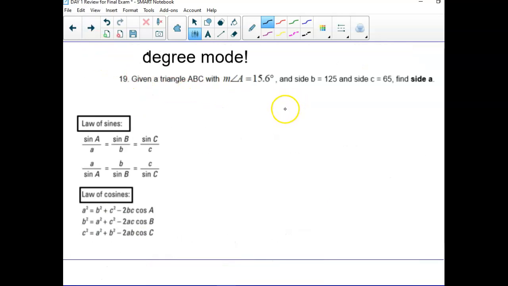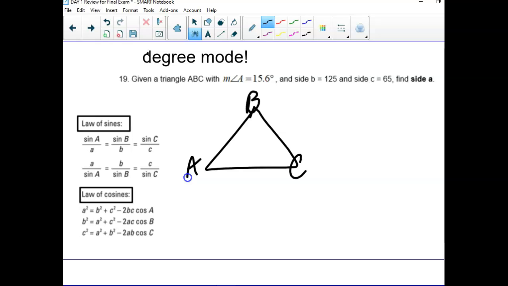All right. Degree mode. You are supposed to know these, but they may be on your reference sheet somewhere. All right, this triangle ABC. 15.6 is angle A. Side B would be across from angle B. It says is 125. Side C over here is 65 units long. Those are not degrees, okay?